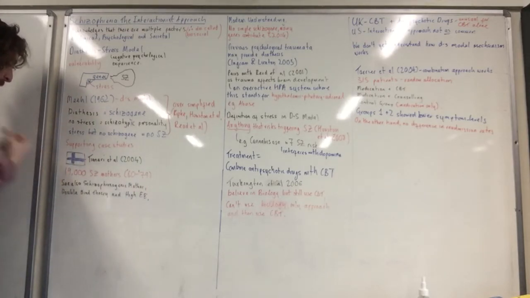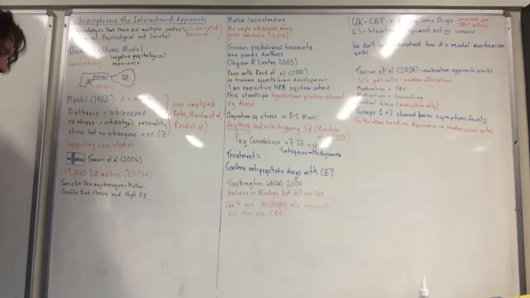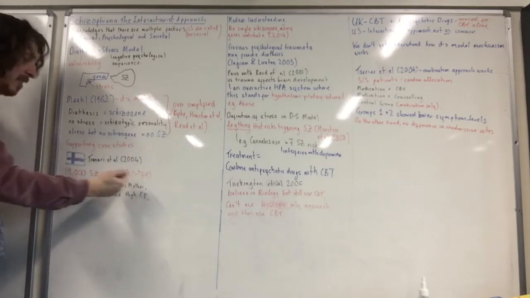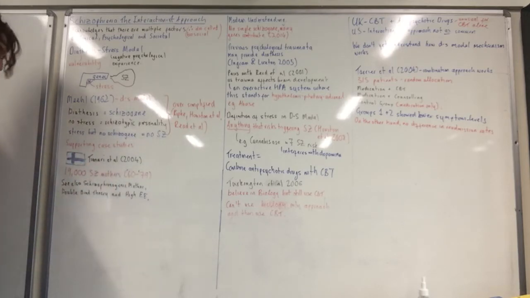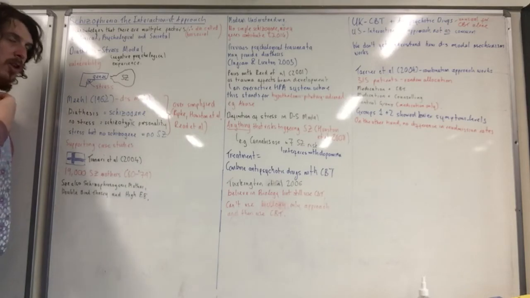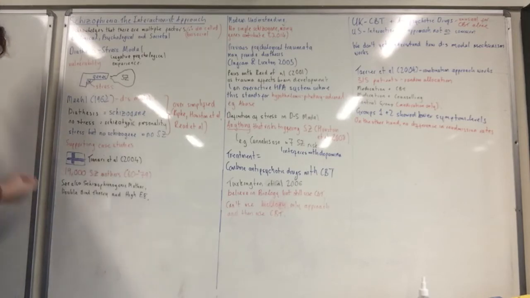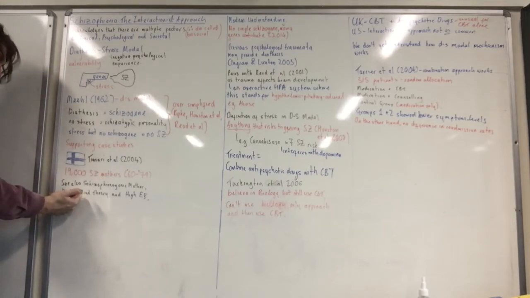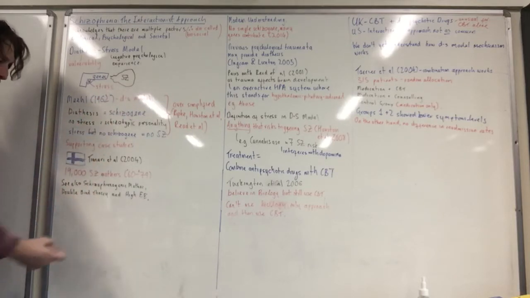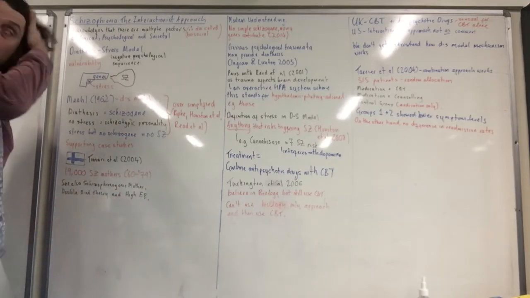Tienari looked at 19,000 schizophrenic mothers from 60 to 79, that's 1960 to 1979, it's not their age, and had a look at the families that their children were adopted into. Those who were adopted into a dysfunctional family were more likely to develop schizophrenia later on. Also, support for the diathesis stress model is the schizophrenogenic mother, the double bind theory, and high expressed emotion.